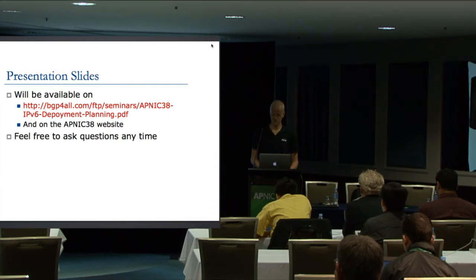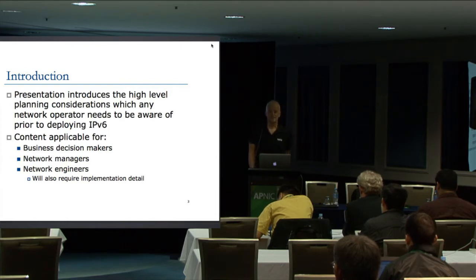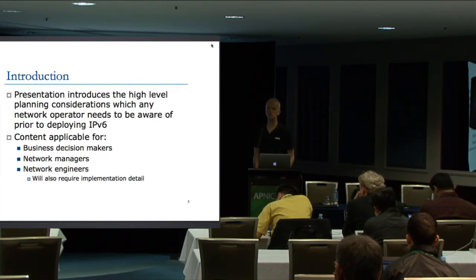All right, so what we're going to look at is a high-level planning consideration which any network operator needs to be aware of prior to deploying IPv6. In the V6 workshops I do, I have a lower level one, where for each section I start getting into router command prompts and all the rest.